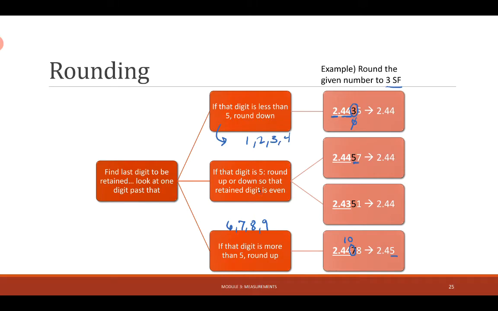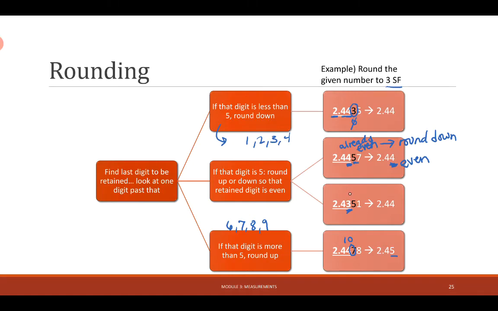So the rule of thumb here is that your retained digit needs to become even. If it's already even, we don't want to change it, so you round down so that that last retained digit is even and it stays even.